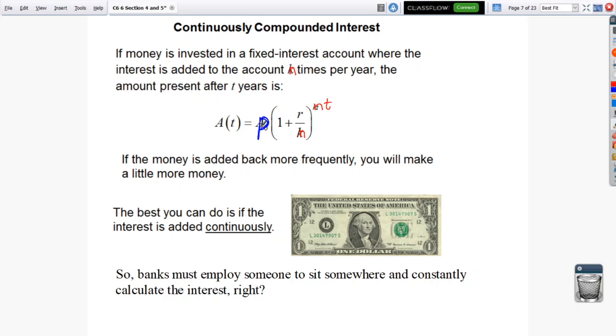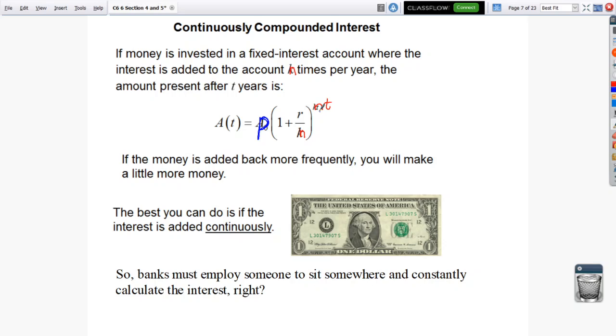If the money is added back more frequently, you will make a little more money. The best way to do this, the more times you compound your interest, the higher n, the better your result is going to be. So the best result is if n gets as big as possible. If n gets as big as possible, that means that you have infinite n's.